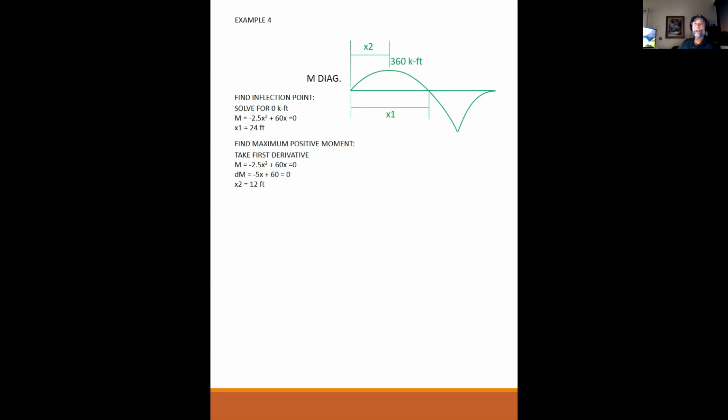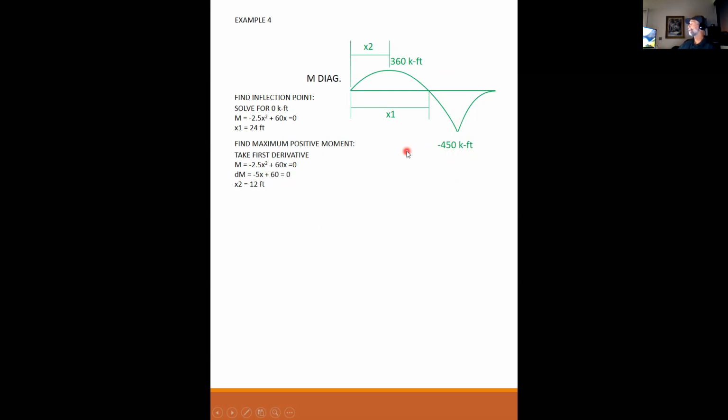All right, and now what about this point over here? How do I figure out what that moment is equal to? Is it negative 450? Because I know its location. I know that this is located at 30 feet, x equal 30. So I can take x equal to 30 and plug it straight into this equation, and I'll get minus 450 kip feet.